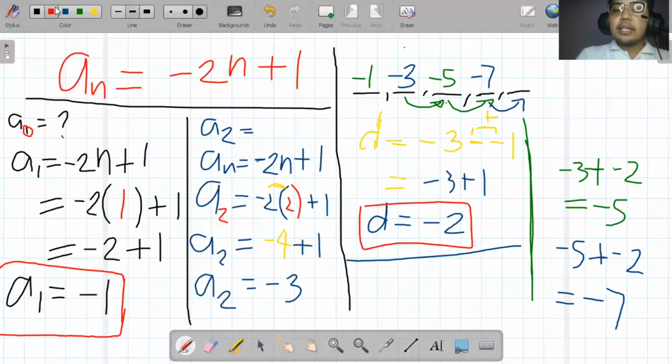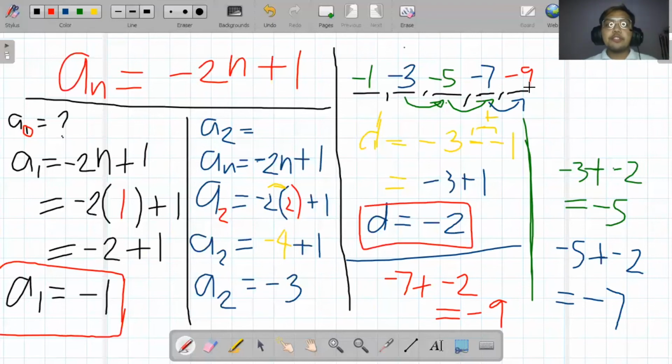We'll have negative 7 plus negative 2, then you'll have negative 9. So, therefore, the 5 terms we are looking for are negative 1, negative 3, negative 5, negative 7, and negative 9.